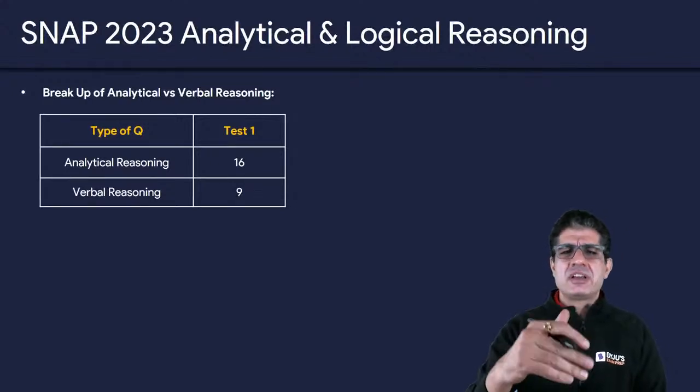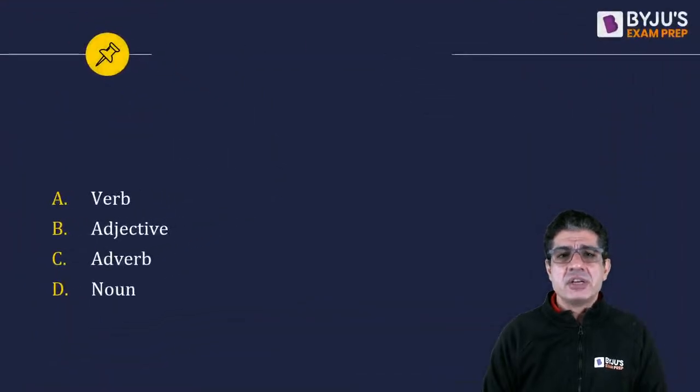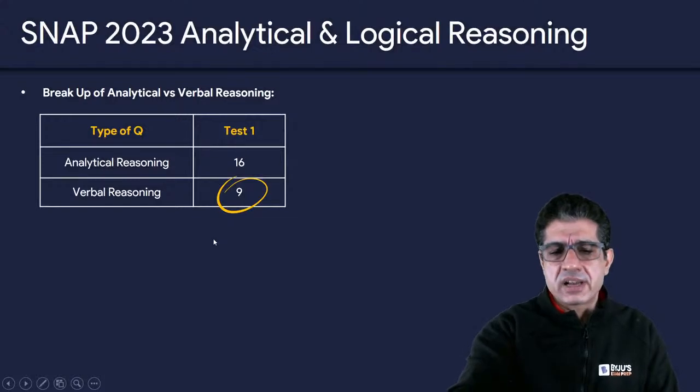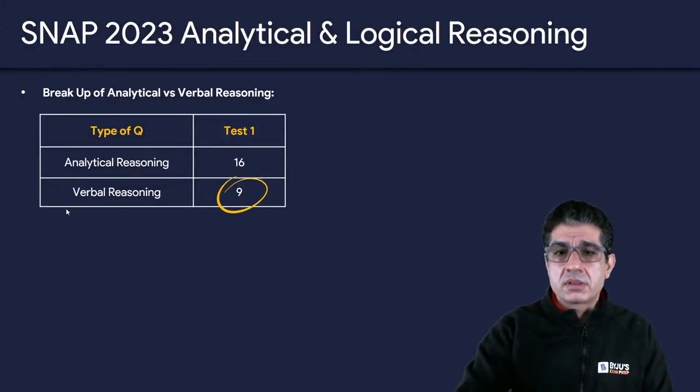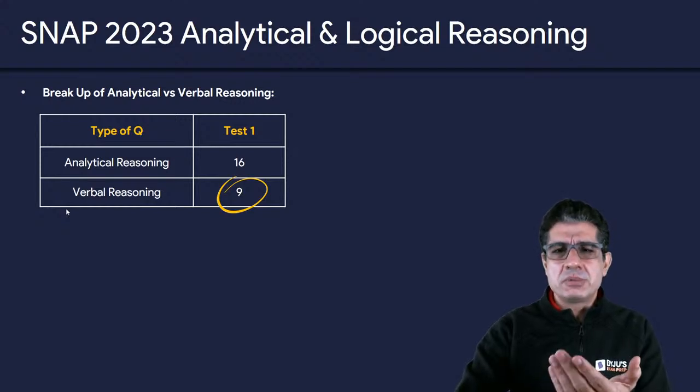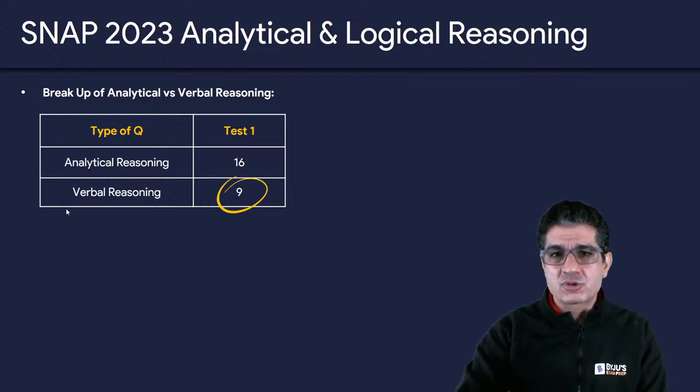Then we of course had these 9 questions of verbal reasoning as well that are kind of English. Somebody's asking me about the percentiles. You can go watch GB's session. That session will fill you in on what percentile you should expect at a score of around 35.